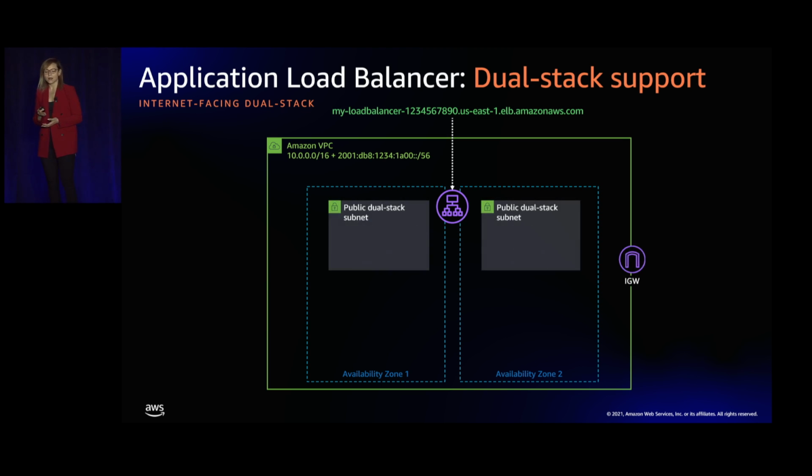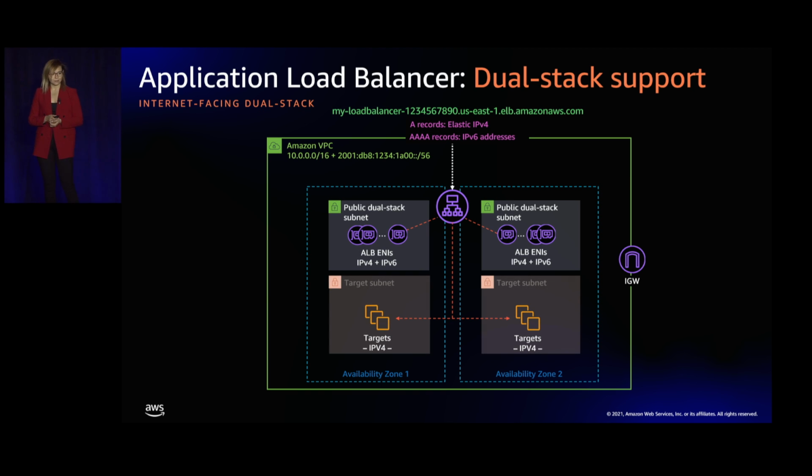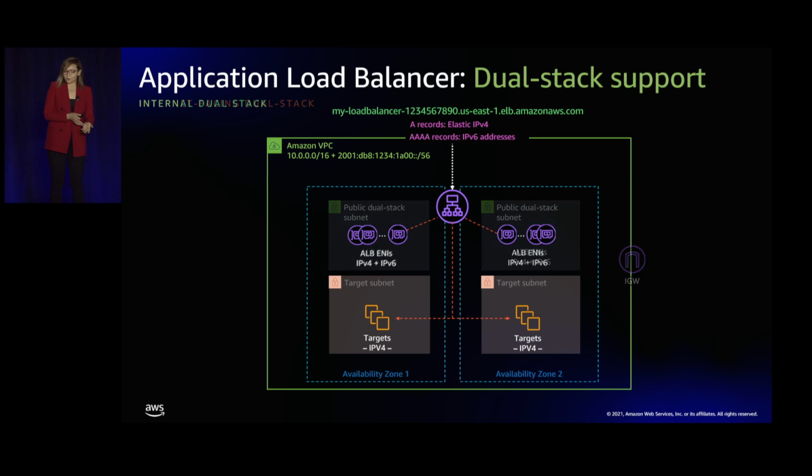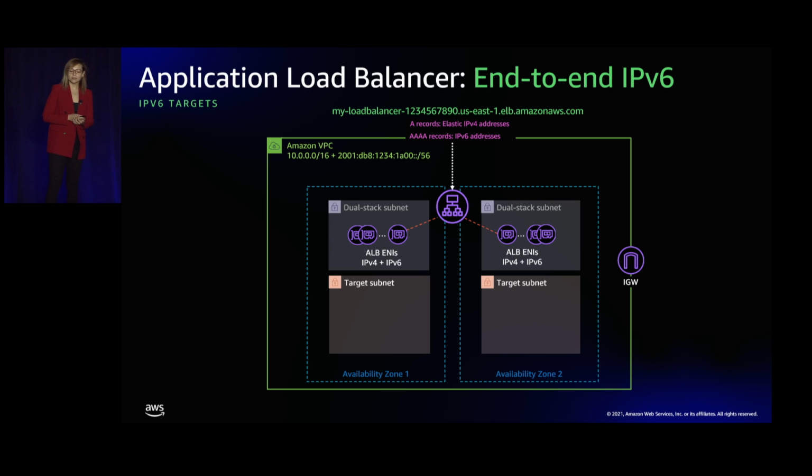That means that the load balancer was in a public subnet and had IPv4-only targets. What we've recently launched is the ability of deploying internal-facing application load balancers, which means that the load balancer subnets are private, and the ability for dual-stack load balancers to target IPv6-only instances.